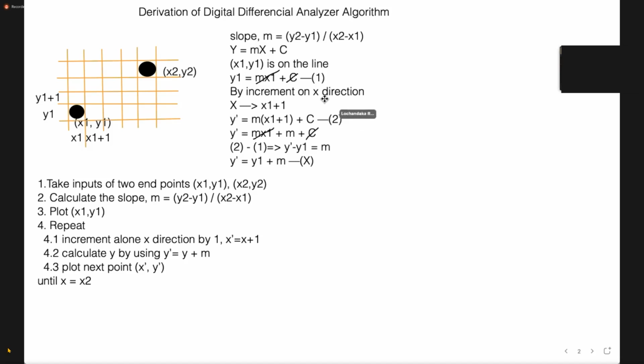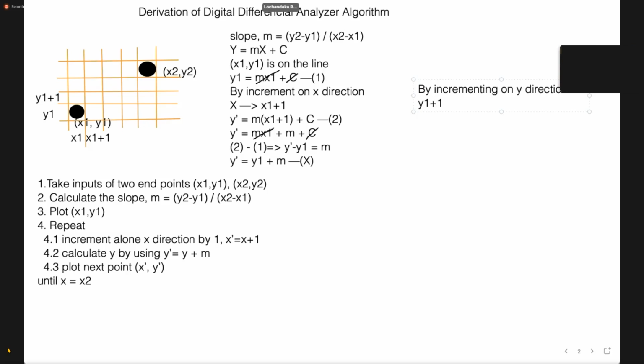Let's see how we can increment on x direction. Now here x1 is a line. We can plot this one also. And then what we can do is, by incrementing on y direction, y1 plus 1.